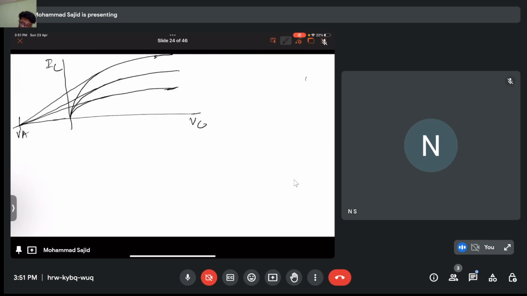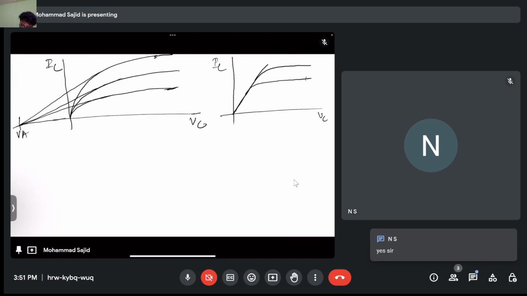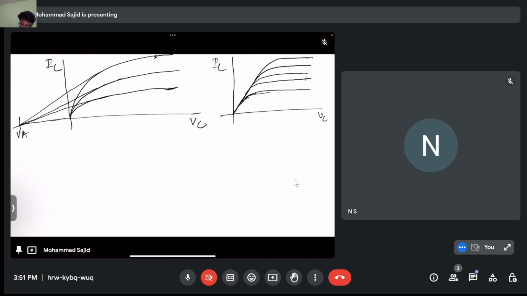So when you have the transistor, this is your IC-VC behavior, normal behavior, right? You go on increasing your VCC, your current will increase, then it saturates. This is the ideal behavior.